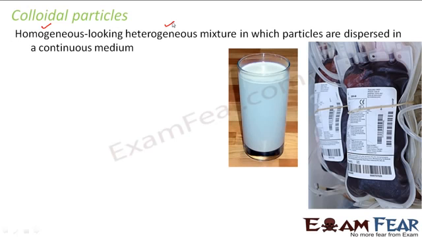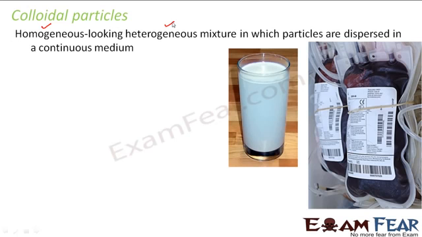You would have studied about homogeneous and heterogeneous in your chemistry, right? So when we talk about a colloidal solution, it looks homogeneous, but it is actually heterogeneous. In this, particles are dispersed in a continuous medium.